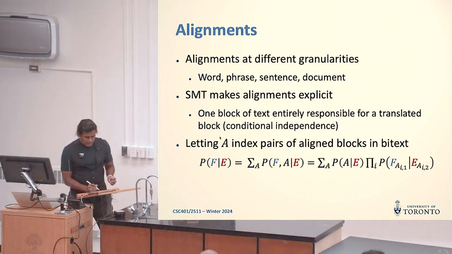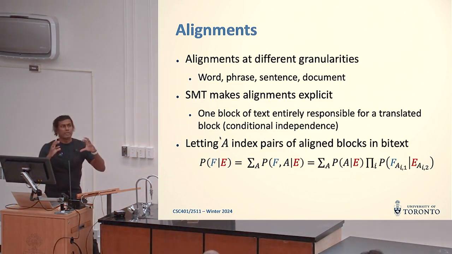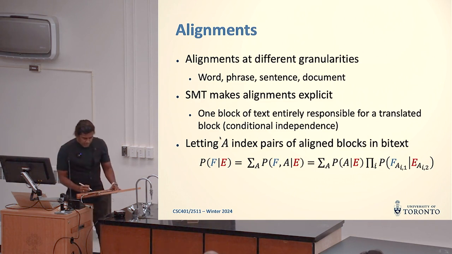The alignment index pairs is a set of pairs of alignment information. So we introduce this variable A, which captures the alignment, and then sum over the alignment to make it a proper probability distribution, and then decompose it in this fashion.